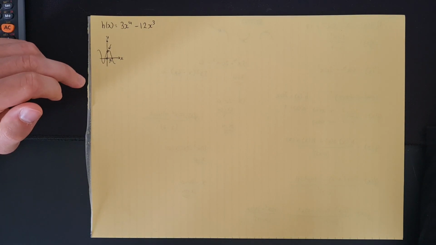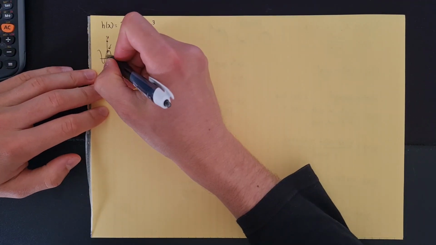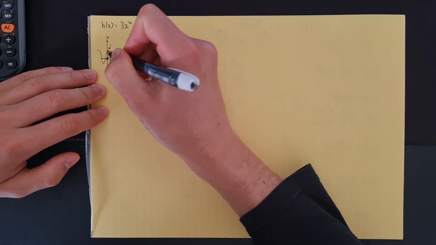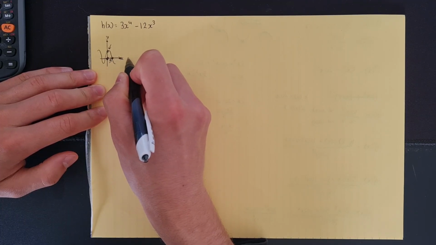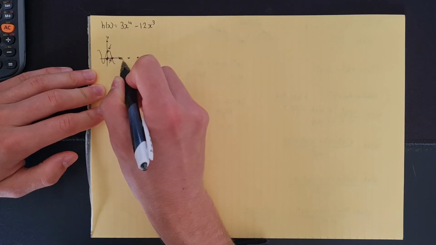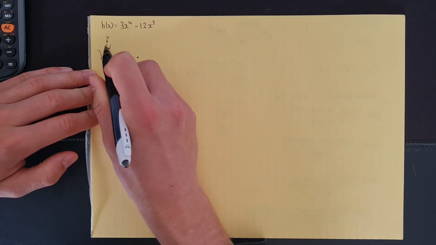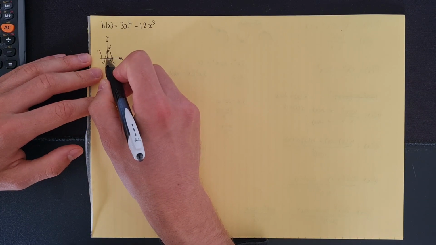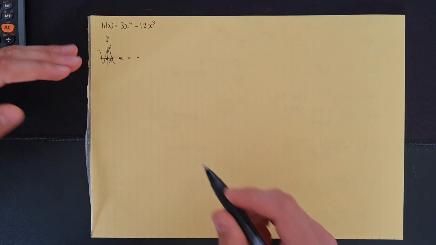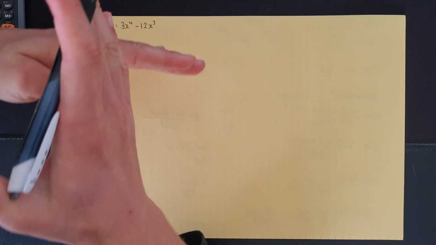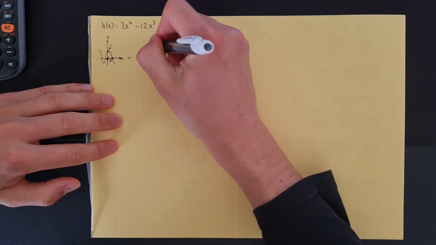And then the x-intercepts. So x-intercepts occur where y is 0, okay? So the x-intercepts will occur somewhere along the x-axis, and our vertical displacement, the distance up and down the y-axis, is just going to be 0. So how do I explain this better?